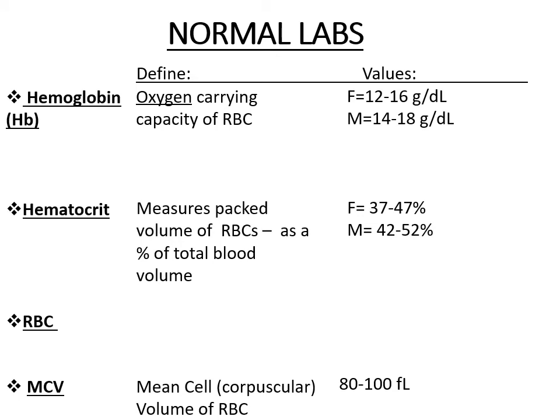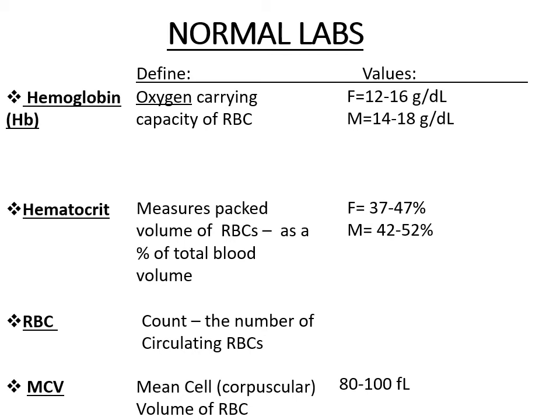Okay? Red blood cell count in the blood. Well, in females, 3.8 to about 5 million red blood cells. In males, higher, 4.3 to about 5.7. So males just tend to have higher hemoglobins, hematocrits, and red blood cells.